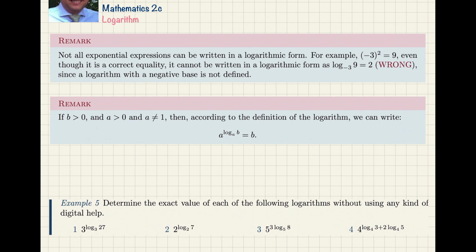This is a little bit smaller, the font is smaller. So this whole package is the number that you are supposed to raise a to. But what is that supposed to be? That's supposed to be equal to b, because that's the definition.